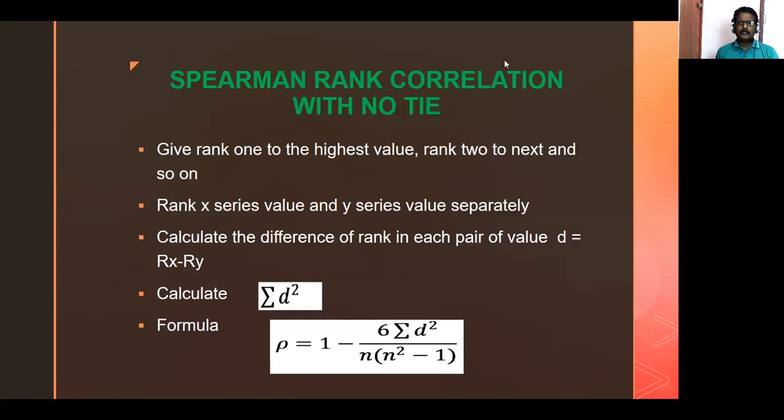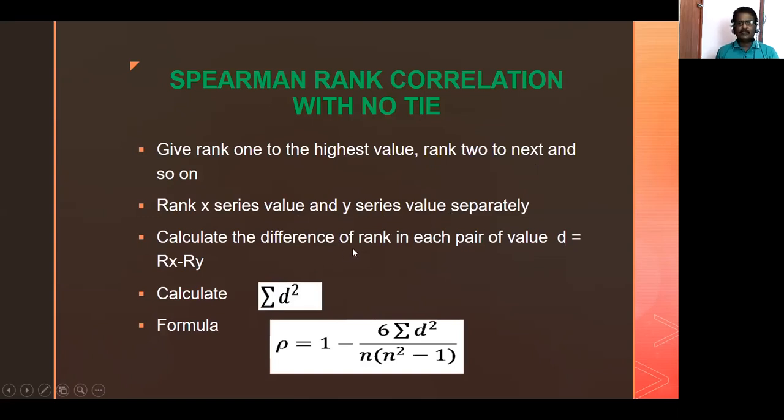Spearman rank correlation with no tie: there are no repeating ranks. The method for calculating this correlation coefficient is to give rank 1 to the highest value, rank 2 to the next, and so on. Rank the X series values and Y series values separately.